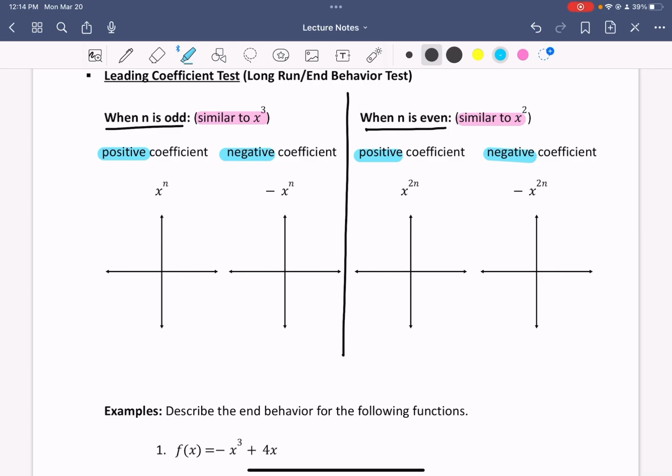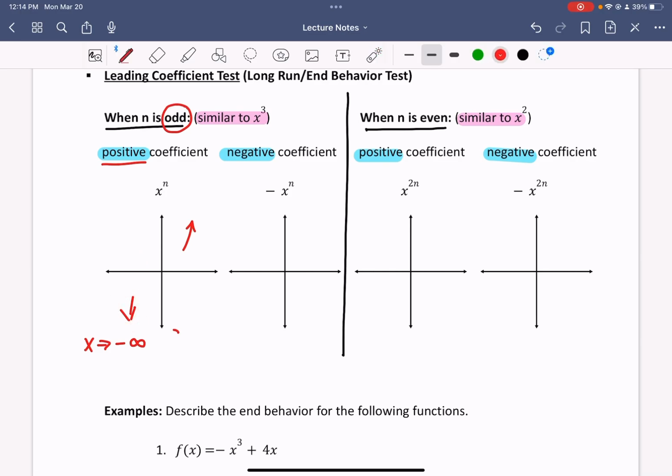If we know that the parent function x cubed looks something like this, then when we're looking at an odd power and a positive coefficient, the end behavior is going to look like this, meaning as x is going to negative infinity, as we move out this direction, we can expect the graph to drop downward.